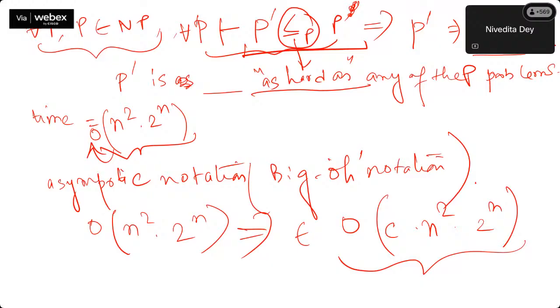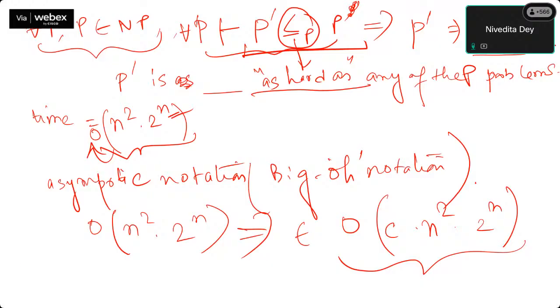So what is the complexity of NP-hard? If it is hard, something will be there in the exponent. This is the easiest rule by which you can identify whether some problem is NP-hard or not.